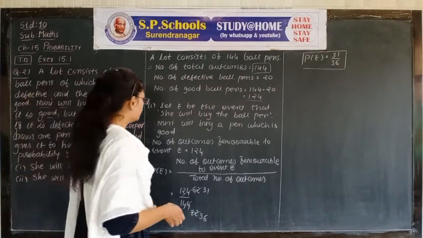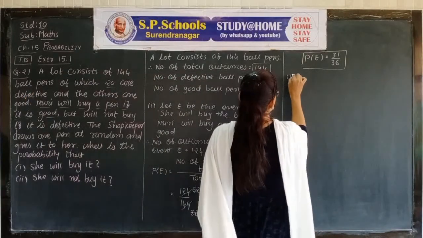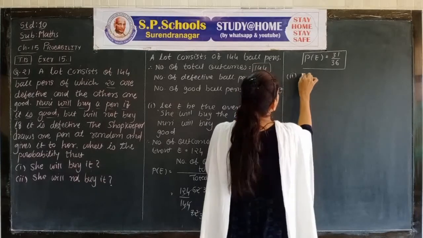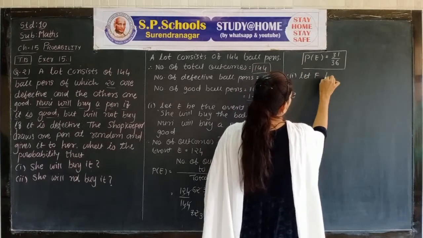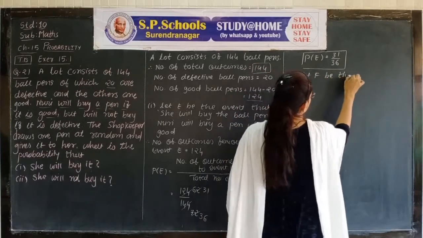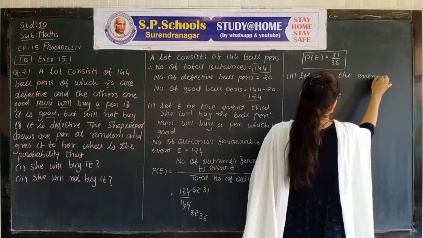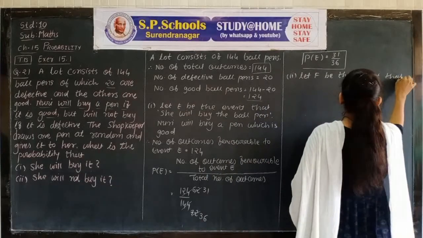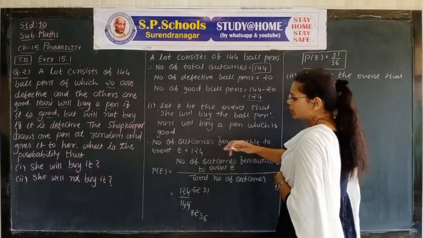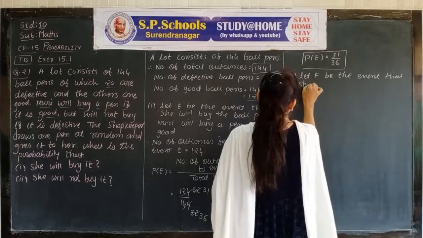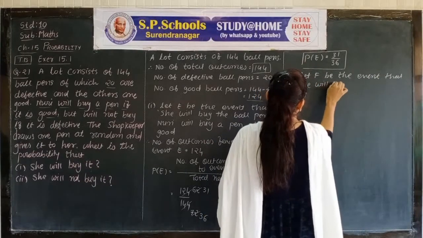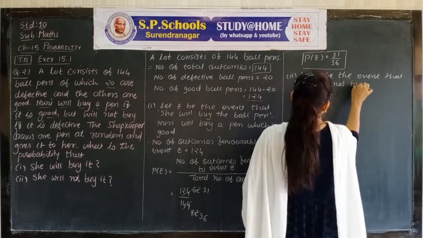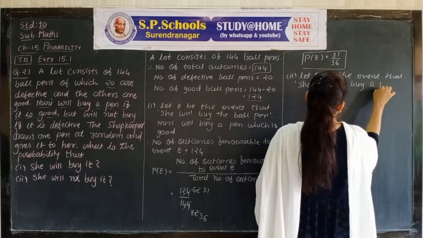Now the next probability, second number. Let F be the event that she will not buy a pen. She will not buy a pen.